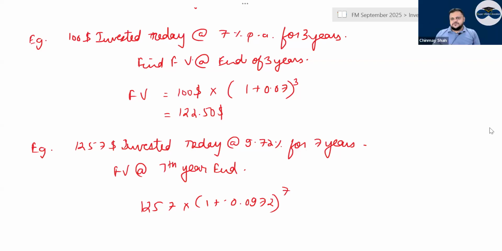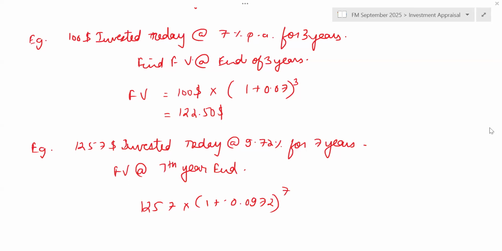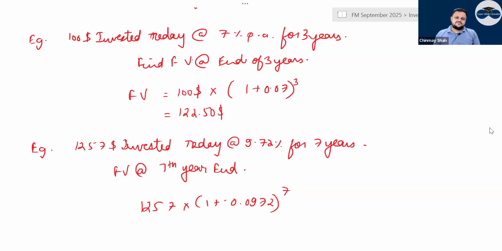Are you able to calculate this, or do I need to teach you how to do it? Sir, it's coming. With a scientific calculator, you can directly put it like this. No issues. People using a scientific calculator, fine. People not using calculators, correct?